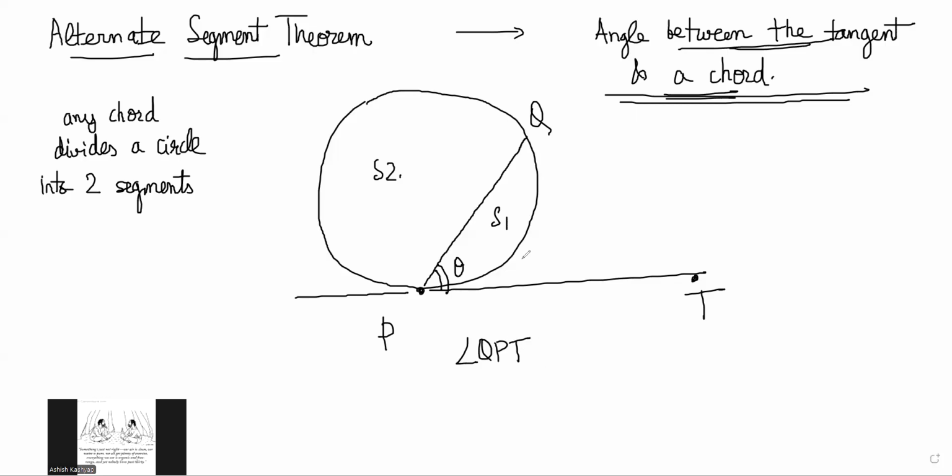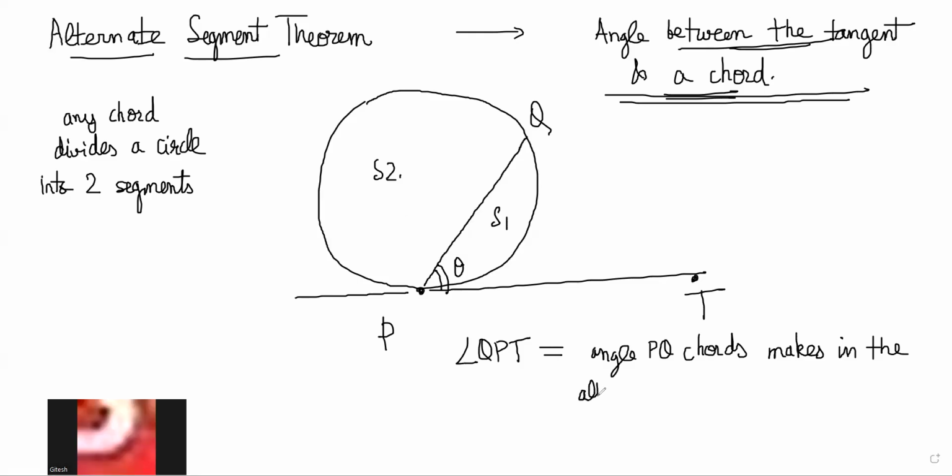And the theorem is saying that this angle will be equal to the angle the chord PQ makes in the alternate segment. Alternate segment is the segment not containing theta. Which is the alternate segment here? S2. So what angle will the chord make in S2?